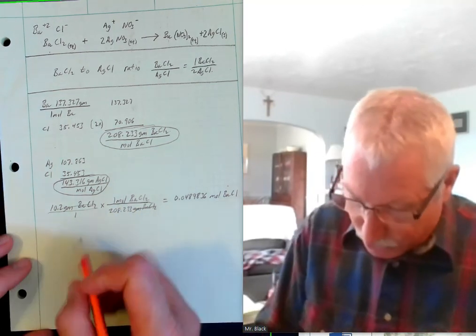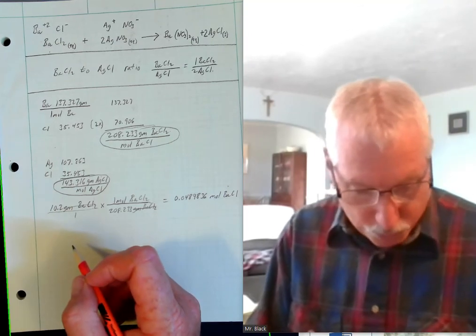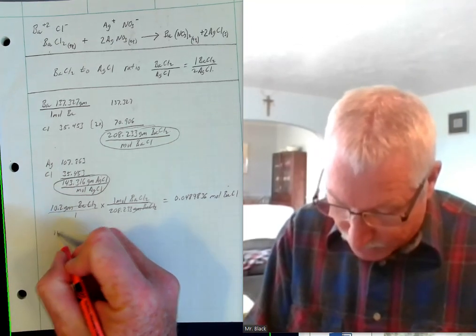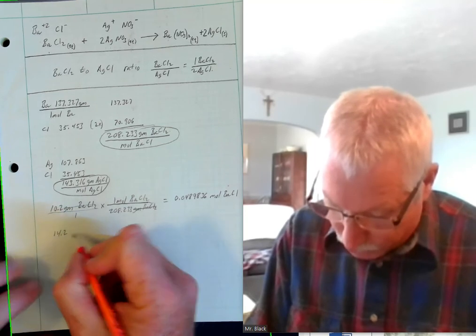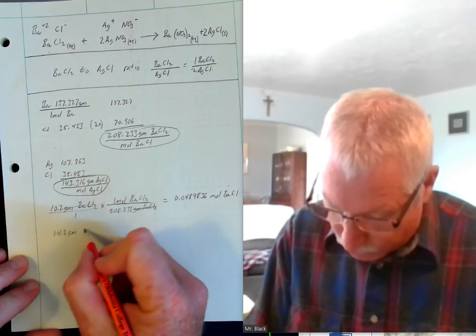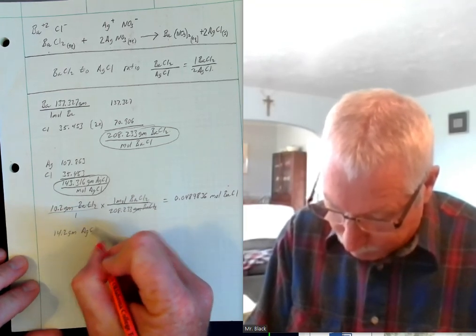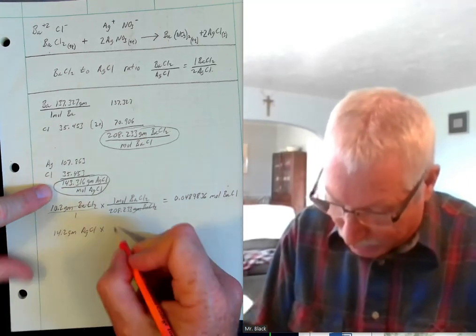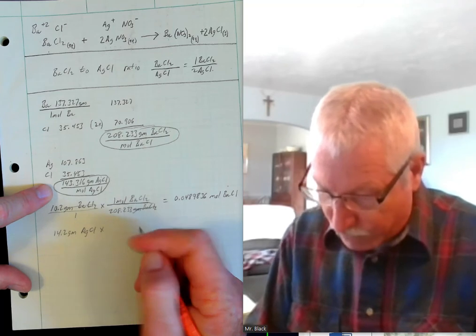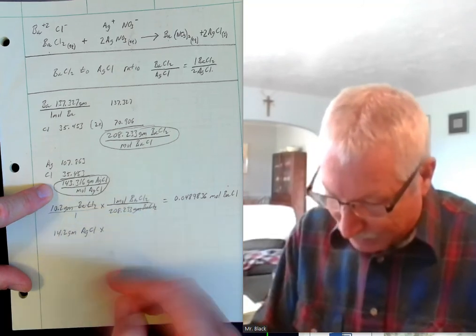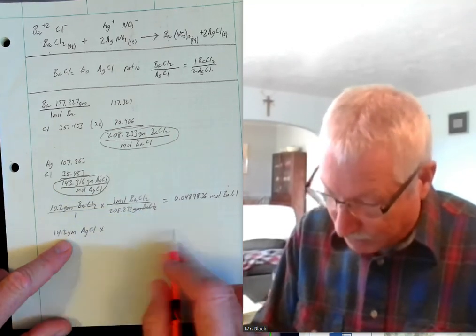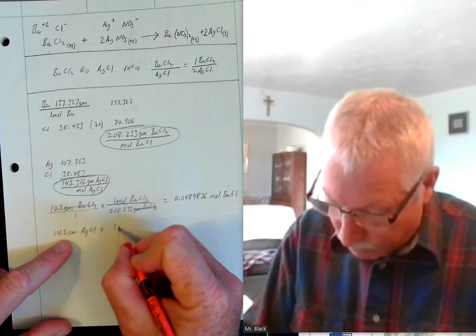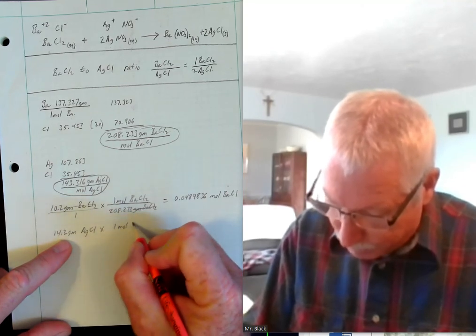All right, let's do the same thing with the silver chloride. We ended up with 14.2 grams of silver chloride, and I calculated the molar mass of that substance as 143.316 grams per mole. Again, I'm starting out with grams and I want to end up with moles, so let's put the mole on top.